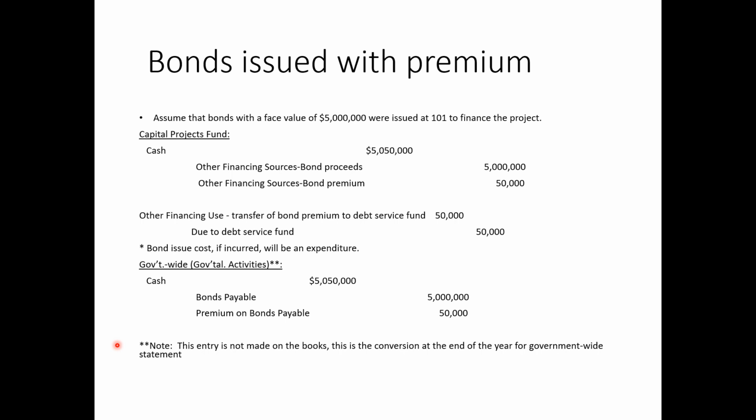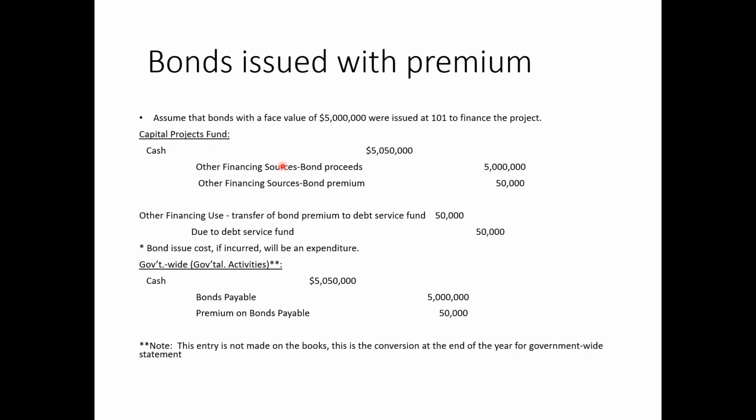Okay, let's see how we're going to record the bonds issued with premium. Assume bonds with face value 5 million were issued at 101 to finance the project. So in the capital project fund, we're going to record the following journal entry.